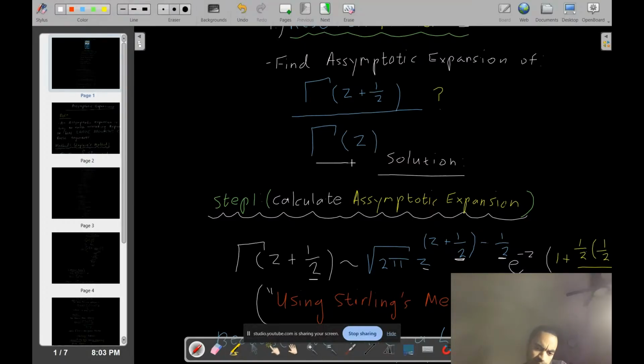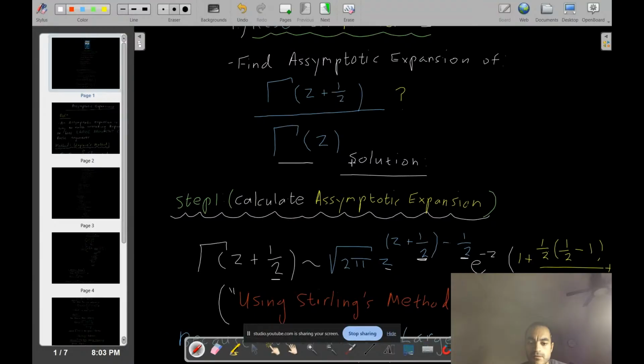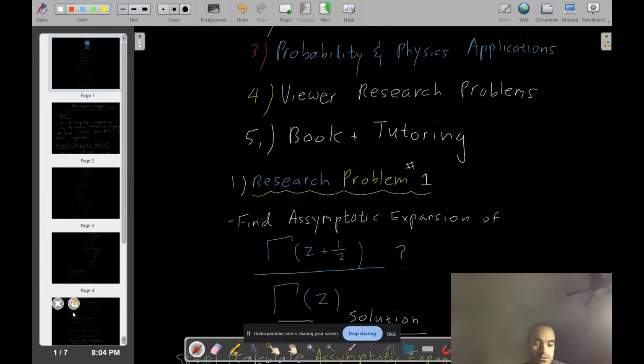It's already written in the form of a gamma function, so I can always use the gamma function integral, as all of you know, just to refresh your memories.